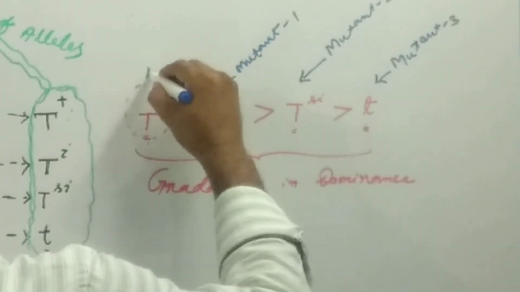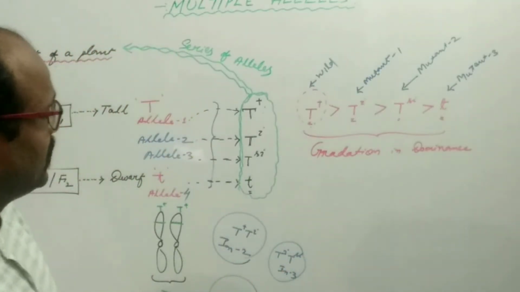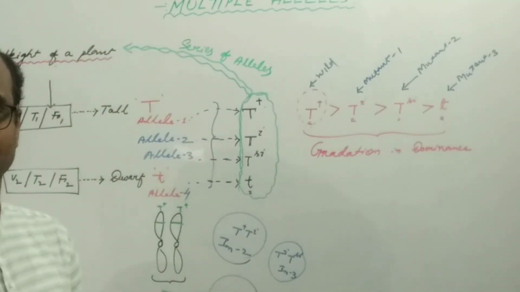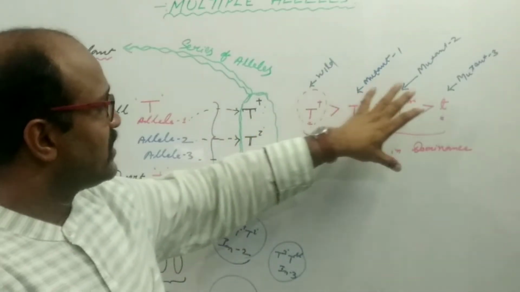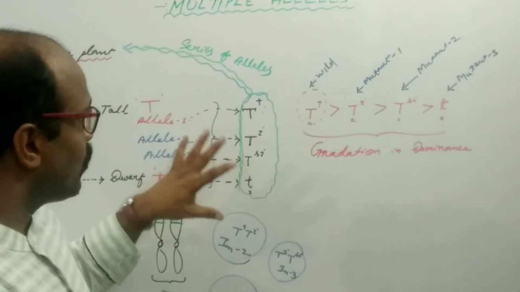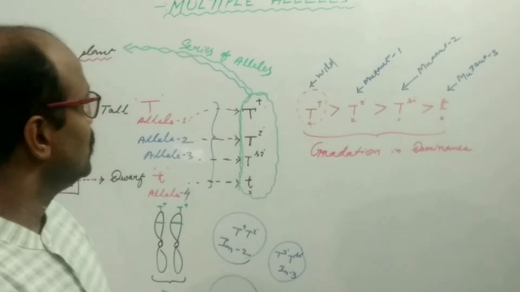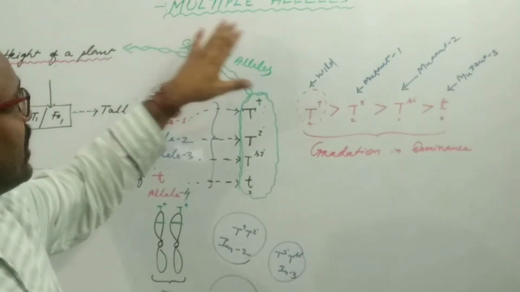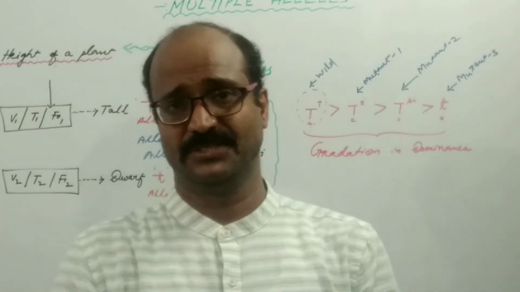This is known as the wild trait, the wild character or the wild variety. So because of mutation, these mutants are developed, these different alleles are developed, and all may be recessive to the wild type. So this is the idea about multiple alleles. Now come to the different examples.